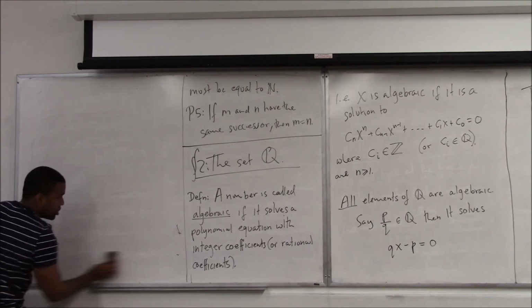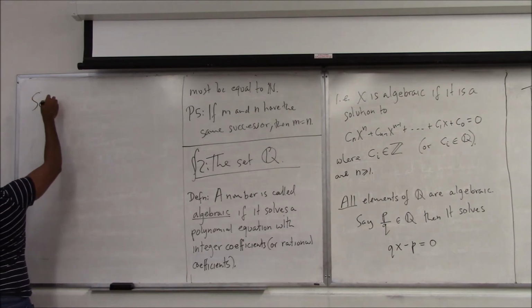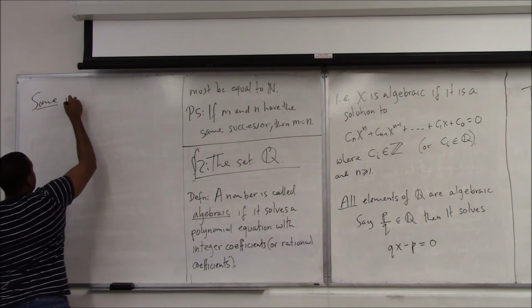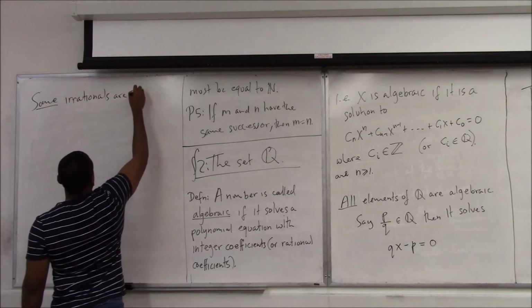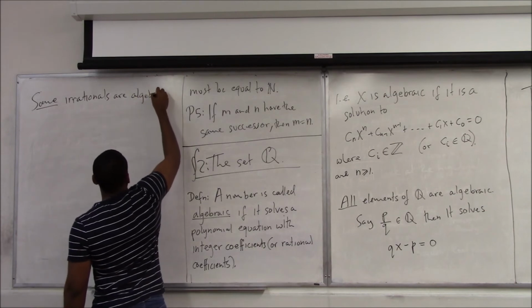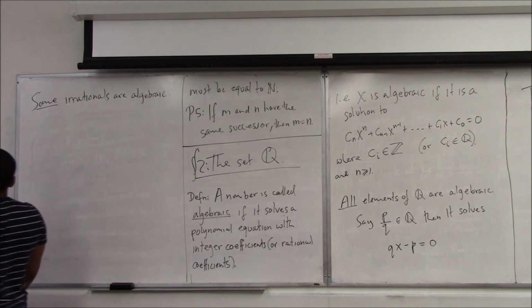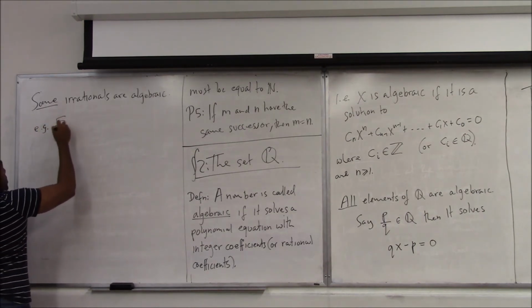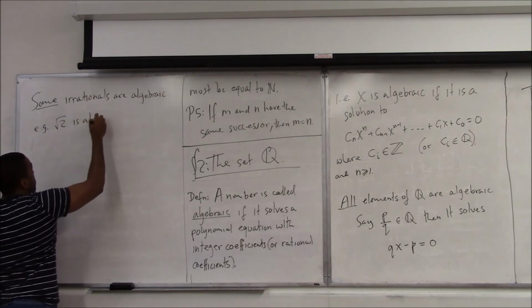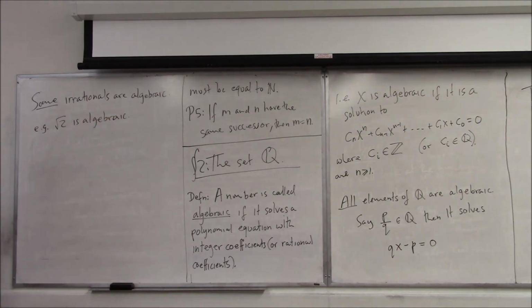Polynomials having integer coefficients. It turns out that some irrationals are algebraic. Not all of them. For example, radical 2 is algebraic, because radical 2 solves what?